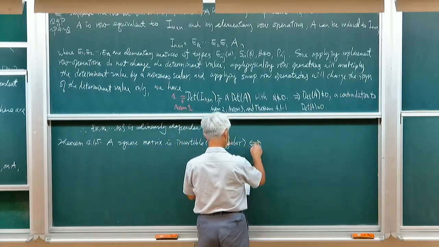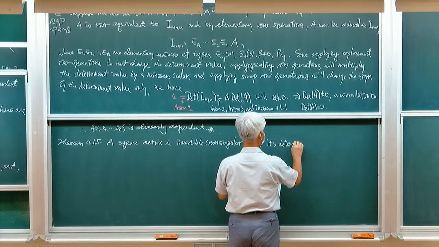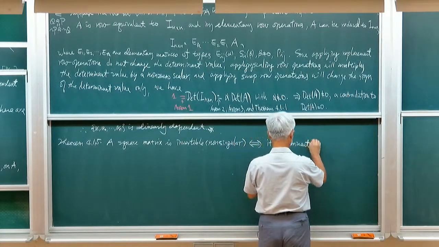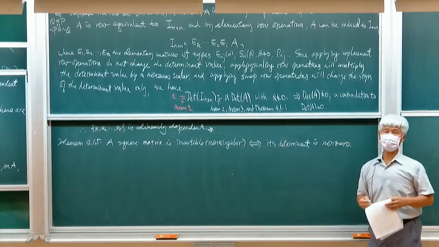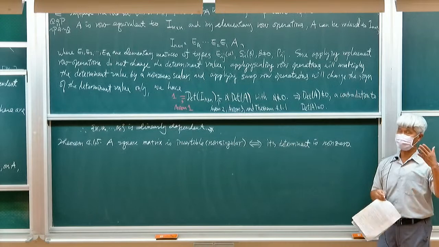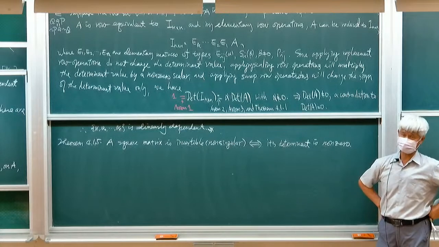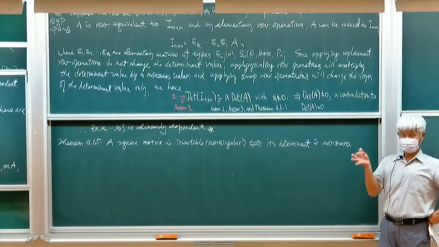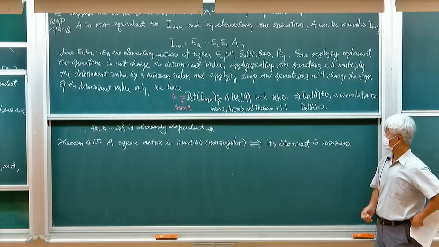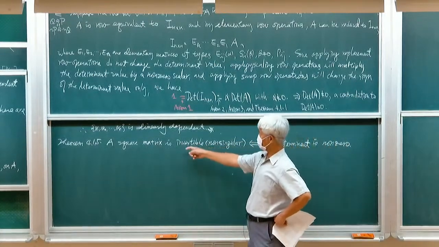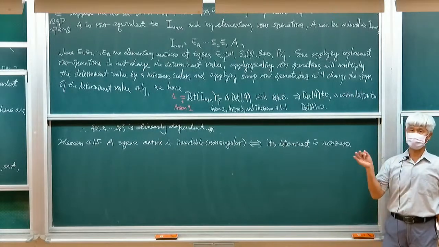If and only if its determinant is non-zero for any determinant function. Because up to now, we haven't proved the existence and the uniqueness of determinant function. But if there is one determinant function on n by n matrices, then for any square matrix, its determinant value must be non-zero. This is generally true.